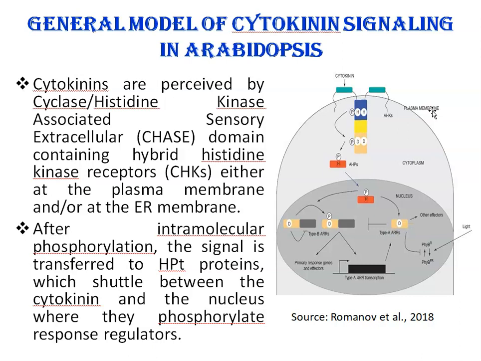right? If you want more information on this topic, please read a review paper by Romanov et al. 2018 titled cytokinin signaling from the endoplasmic reticulum, that is from the ER or from the PM? That is the question, right? Now, after intramolecular phosphorylation, the signal is transferred to HPT proteins here, right?